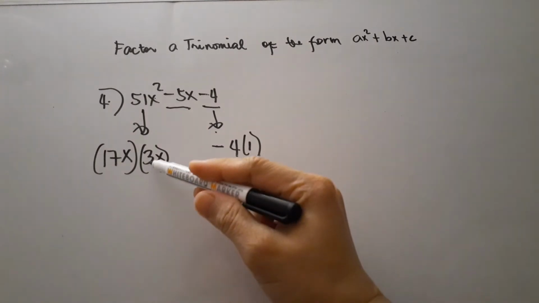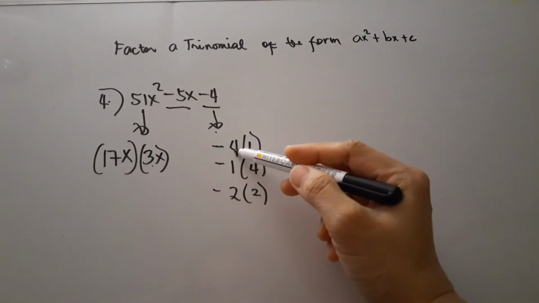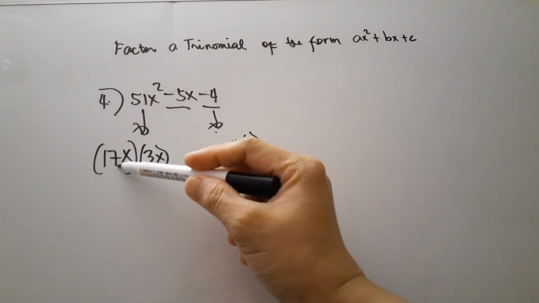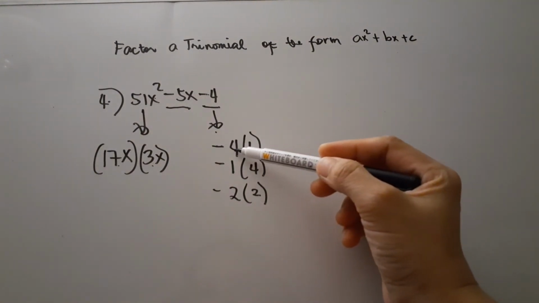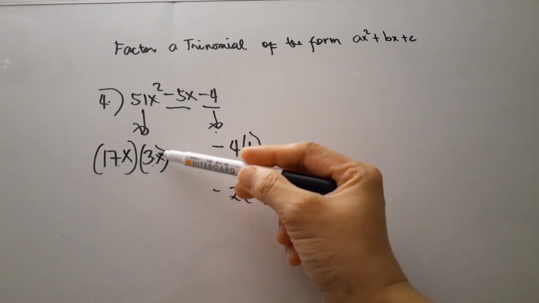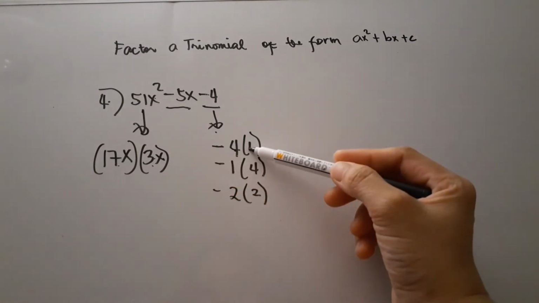Let's try negative 4 times 1, where we can combine together with 17x times 3x. Then we can find if it is correct.